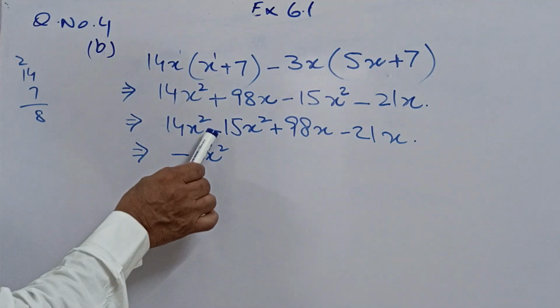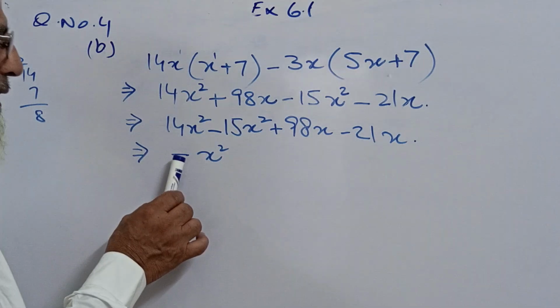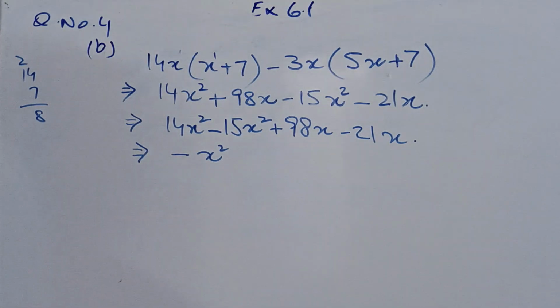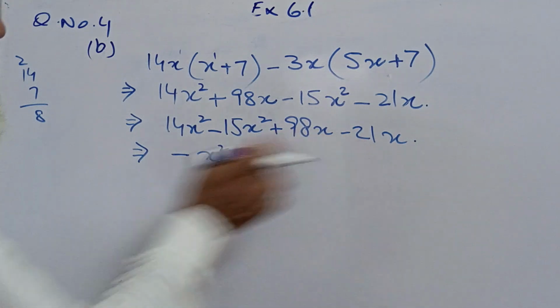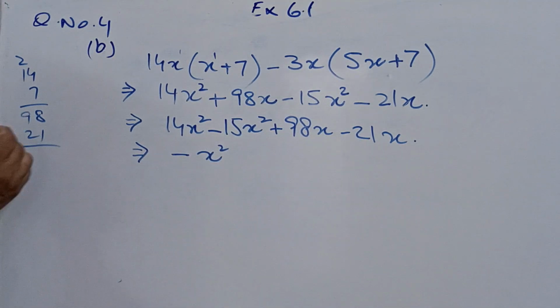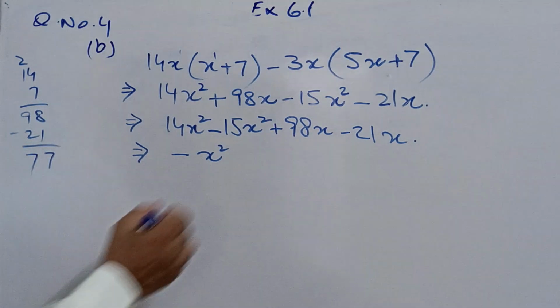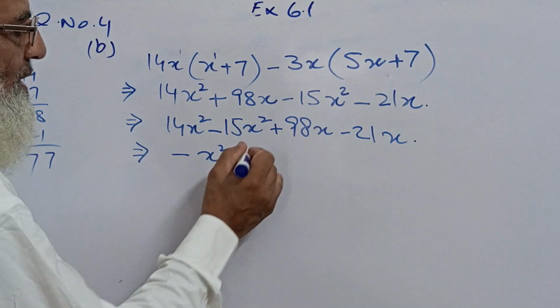But since we have a sign, we will also mention this sign. So 98 minus 21 will become 77. Minus x square plus 77x.